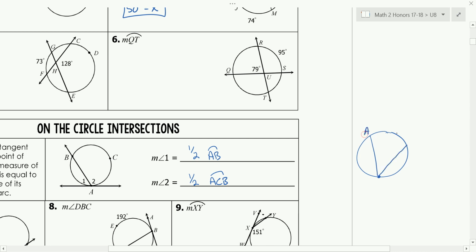If this was AB here, and we had our angle, say that's angle 3, we'd say the same thing. The measure of angle 3 is 1/2 the measure of arc AB. And so these are the cases where that angle is on the circle.